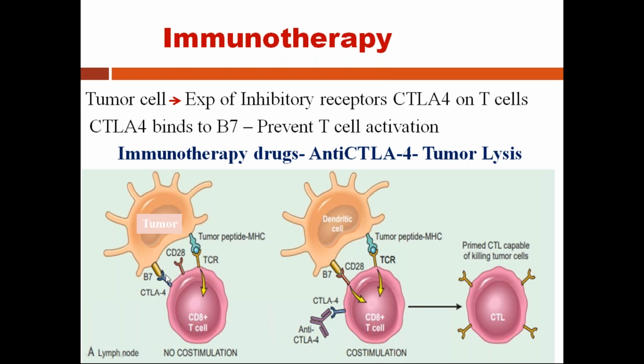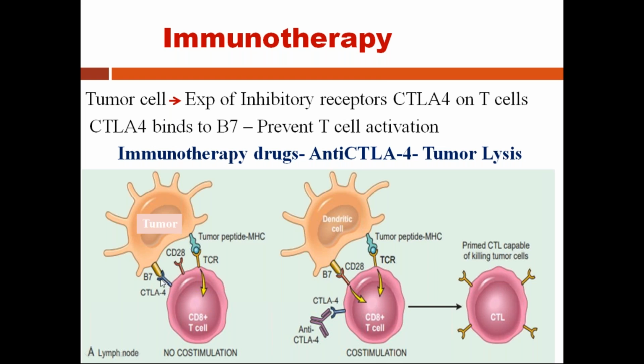lead to activation or expression of one more receptor on the surface of the T cell, which is called cytotoxic T lymphocyte antigen 4. This receptor is usually hidden within the membrane. So tumors have found a way of expressing this receptor on the surface of the T lymphocyte.